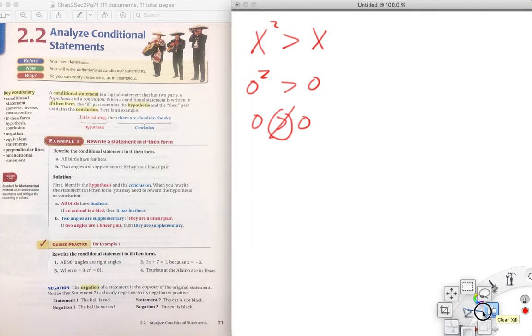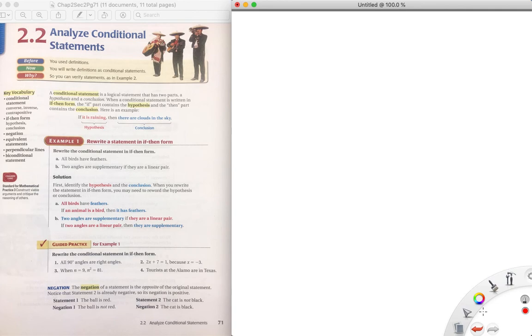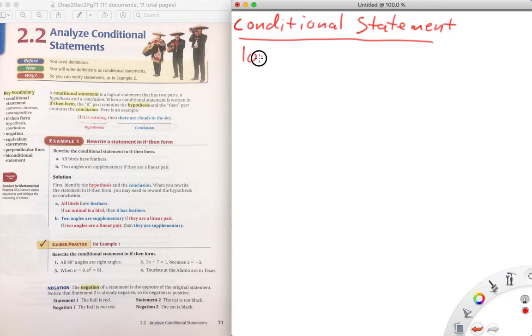Alright, so this is what we're going to really focus the attention on: conditional statements. A conditional statement is a logical statement. This is geometry. We're doing all logic stuff.